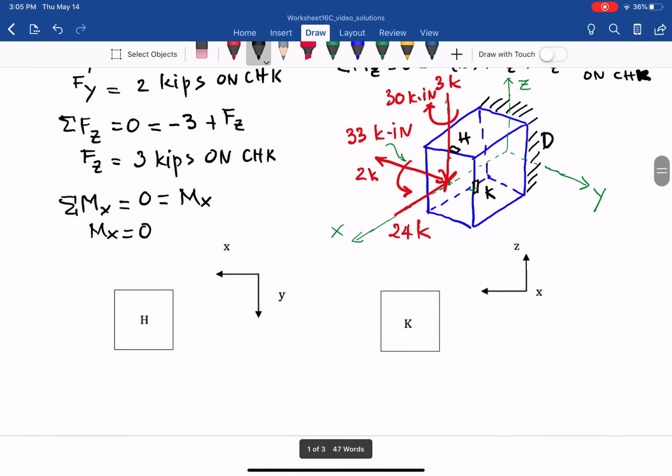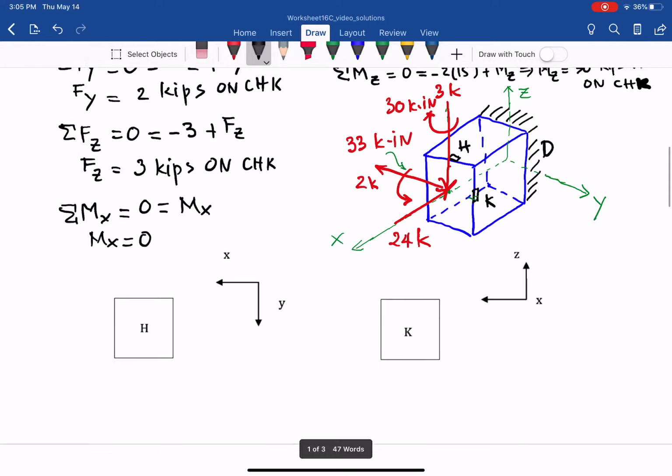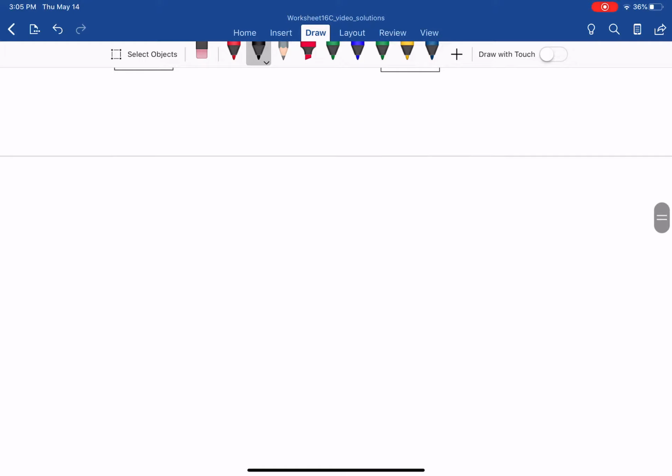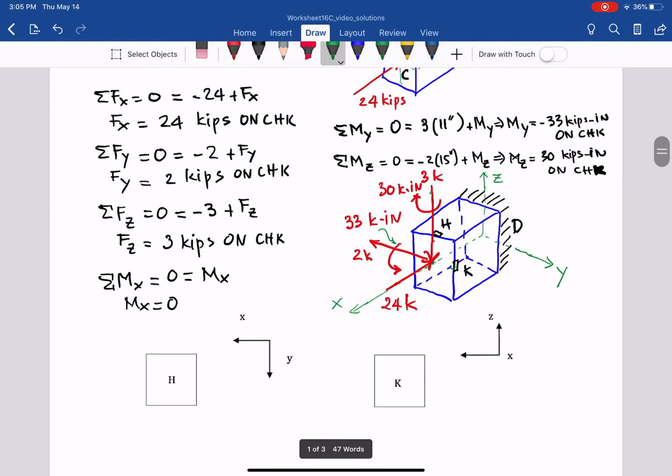And from that, similar to the previous problem, we determine the stress for each load and then combine them together. So the next step, as you can see, is the stresses that we want to determine for points H and K. We consider each load separately.